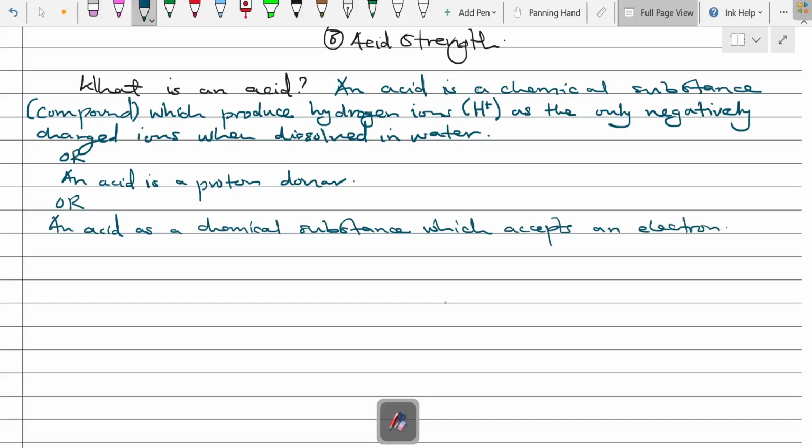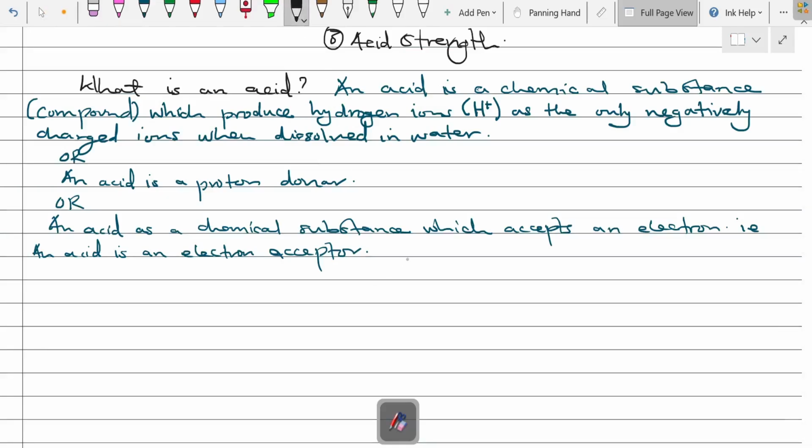Or somebody can say that an acid is an electron acceptor. Yes, so we can have those definitions. They are all right. So having defined what an acid is, then let's go to types of acids.